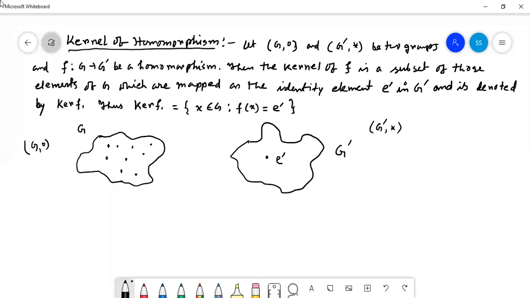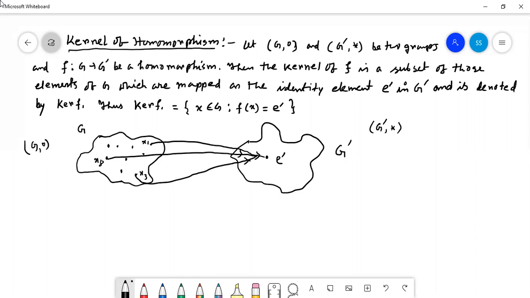So some of the elements, let us consider that these are mapped into this E dash. This is the element X1. Again the element X3 is also mapped here. Here the X8 is also mapped into the E dash. Right?